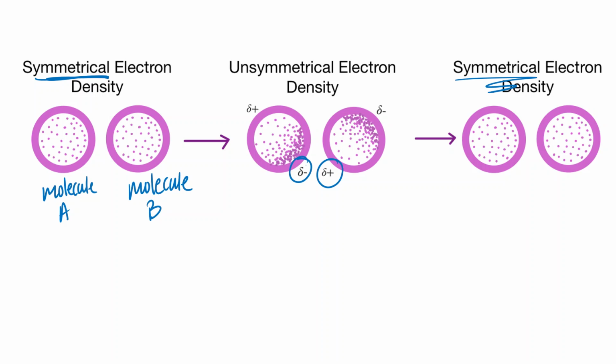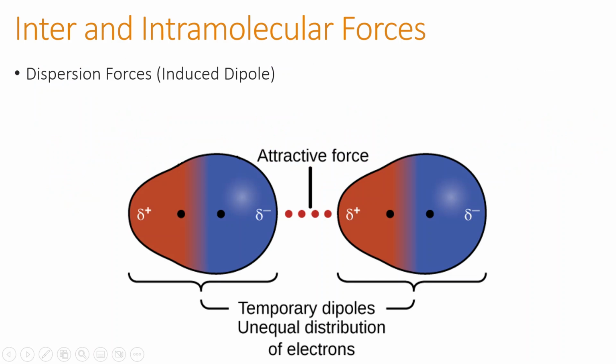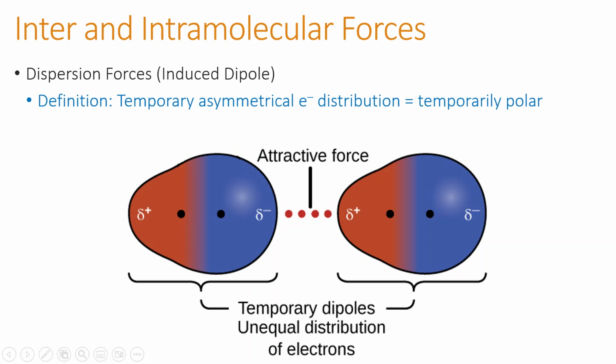So we have a name for this temporary attraction between molecules. It's called dispersion forces, or it might be called induced dipole. This is where we get these temporarily asymmetrical electron clouds. It makes our molecules temporarily polar.